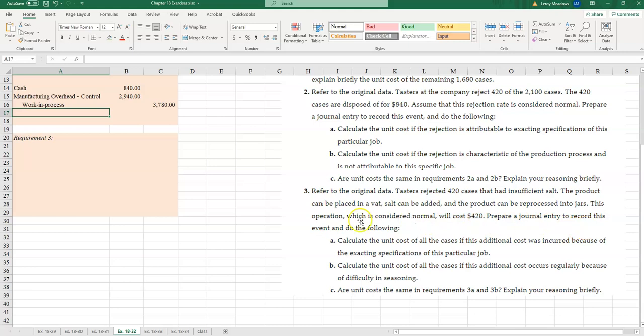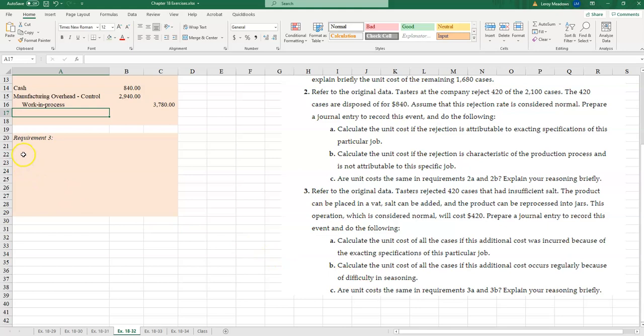Prepare a journal entry to record this event and do the following. Calculate the unit cost of all the cases if this additional cost was incurred because of the exacting specifications of this particular job. Calculate the unit cost of all the cases if this additional cost occurs regularly because of difficulty in seasoning. And then we're asked to explain how the unit costs are the same between the two.